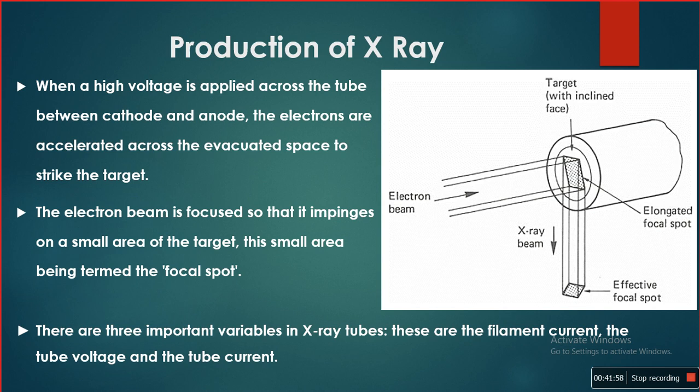If you consider the parameters of the process of production of X-ray, there are three parameters which are very important. One is filament current, next is tube voltage, and another is tube current.